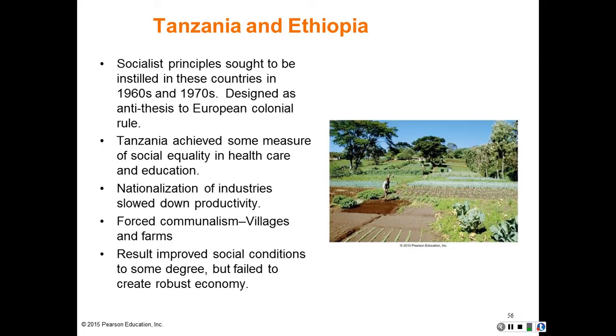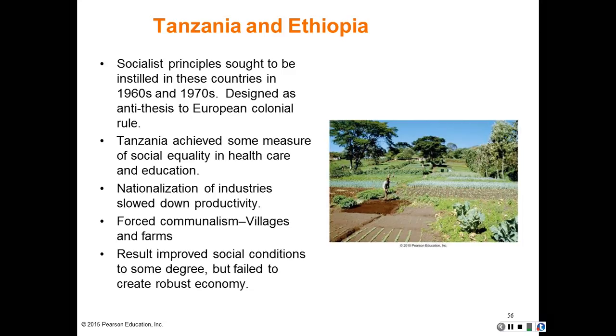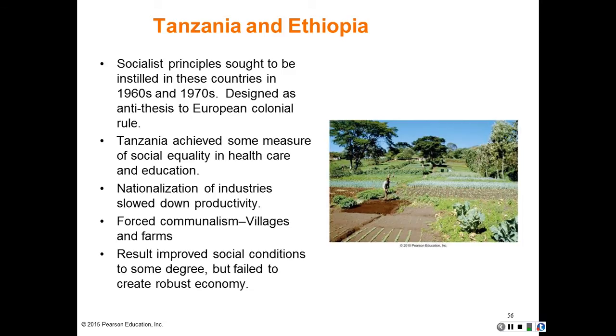Nationalization of industries, though, has slowed production, as capitalistic drive has not made them more efficient. There has been forced communalism in villages and on farms for the factories and agricultural production. The result has been improved social conditions to some degree, but these socialist governments have failed to create a robust economy.